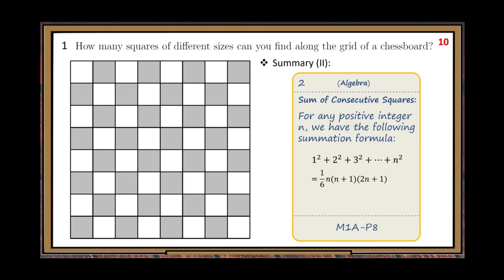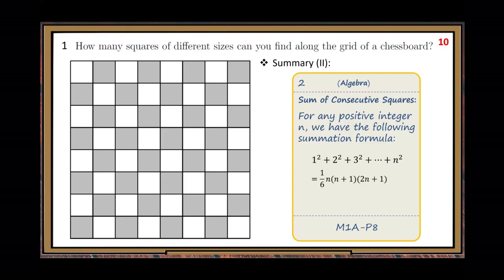After we have this formula, later I may give you several exercise questions to practice using this formula. Here I like to give you a simple example to use this formula.